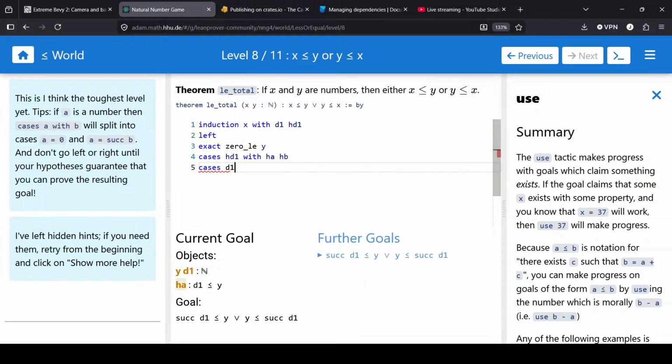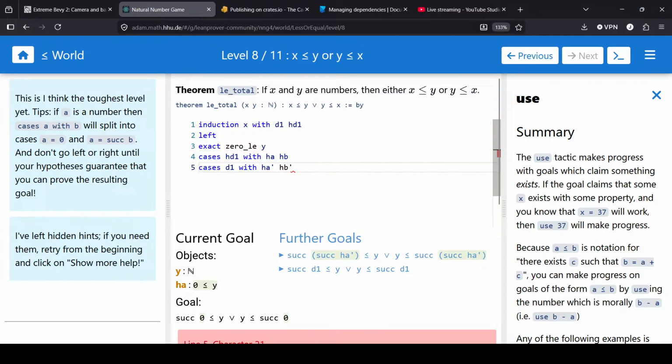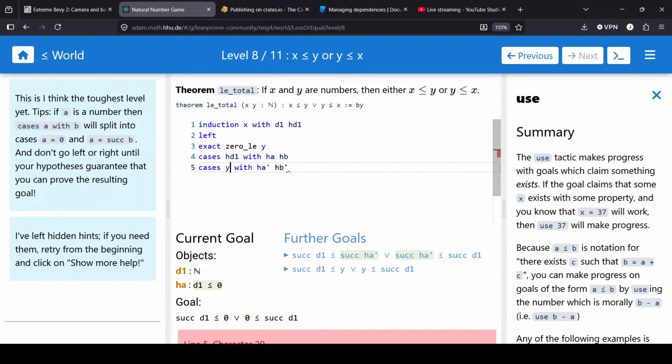So if I did like cases D1... If I did cases Y? Okay, I mean, that one looks more promising. I see a 0 less than equals suck. I can do that. Sure.